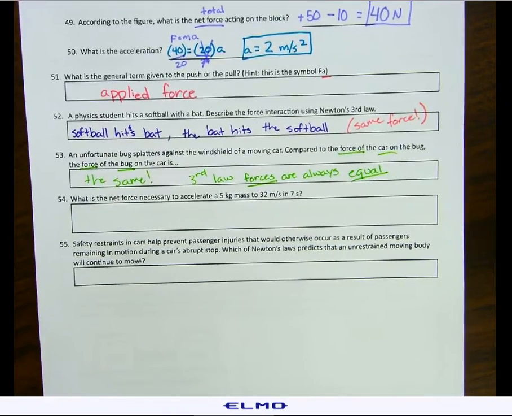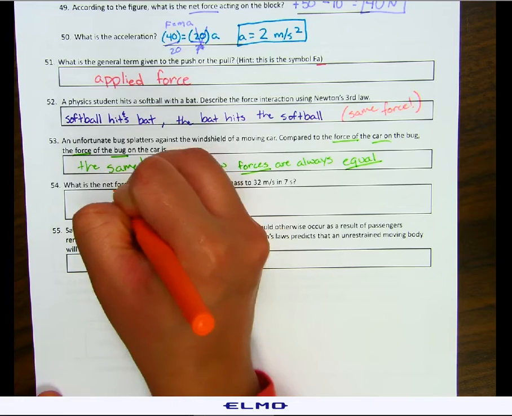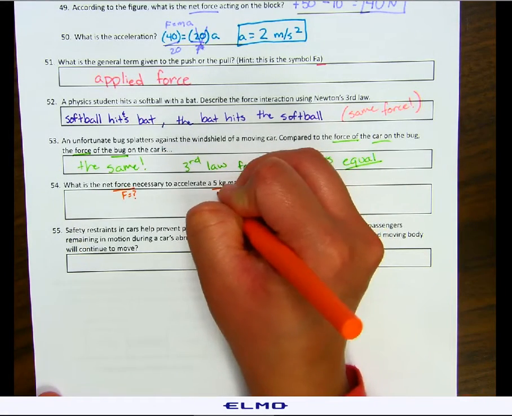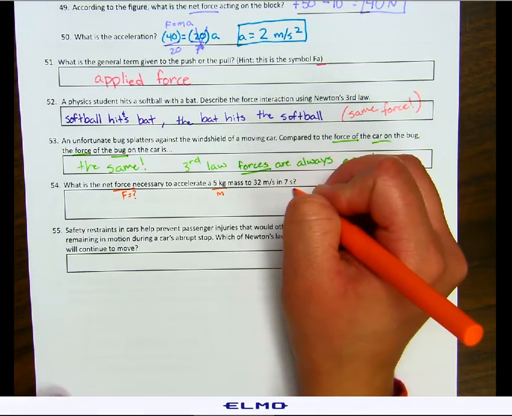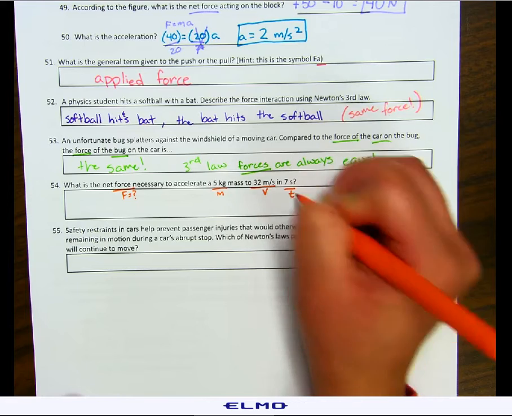All right, number 54. What is the net force necessary to accelerate a 5 kilogram mass to 32 meters per second in 7 seconds. So we're looking for the force necessary to accelerate a 5 kilogram mass to 32 meters per second, which is a velocity, in 7 seconds.